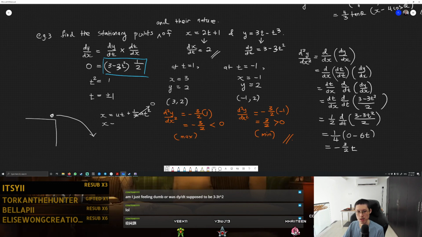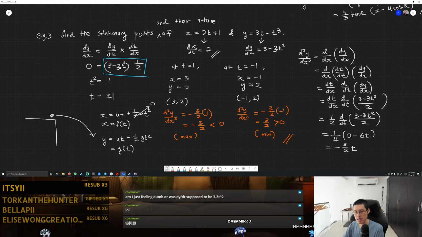So now you have x in terms of t, and then you have your vertical displacement, which is ut plus half gt squared. So now you have your y, which is another function of t. So you are indirectly doing parametric equations without really realizing it. Of course, in physics, we don't really do differentiation, but later on in further mechanics, you would actually be doing that.